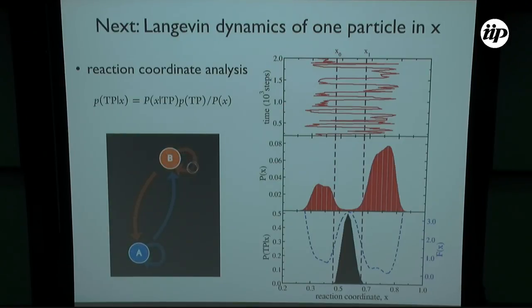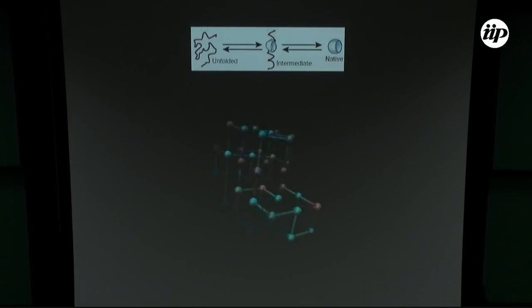So it's a diffusive regime, and we are using Markov theory. For the single particle that we ran the P(TP|X) analysis on, the transition path probability analysis, it seems to be diffusive. It's 0.5. So is it true for proteins and for other systems? This is what we're trying to answer now.